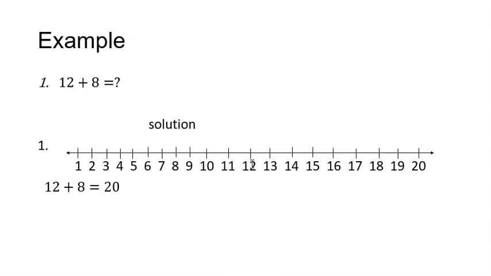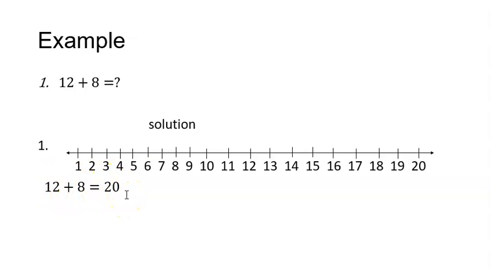Here we are going to be upping from 12, 8 steps: 1, 2, 3, 4, 5, 6, 7, 8. When you're done counting 8, the number that you stopped on is your answer. So we stopped at 20. 12 plus 8 is going to give us 20.